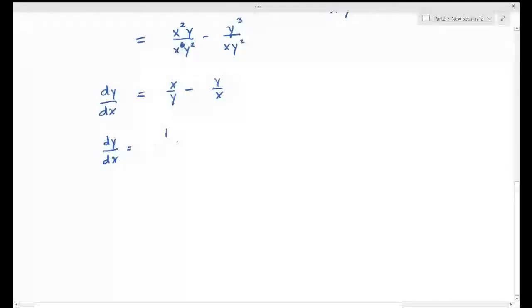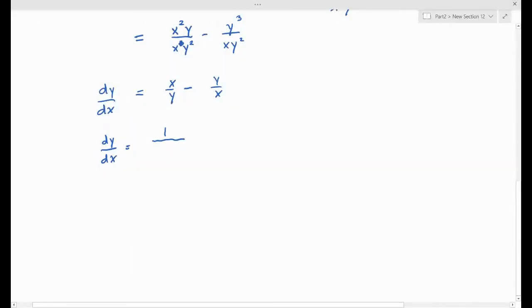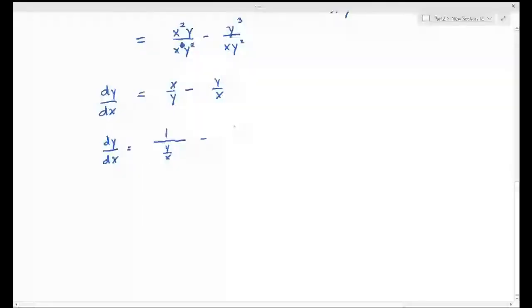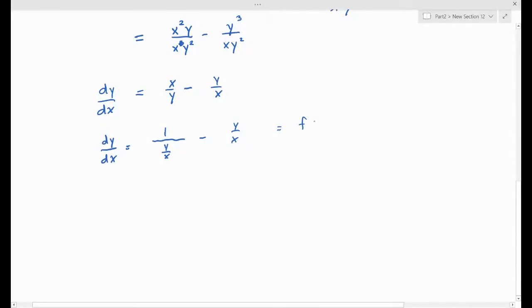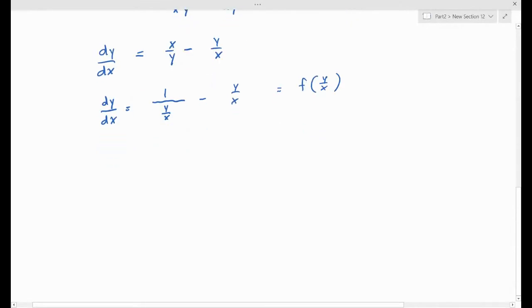So I'm going to think of the first term on the right as 1 divided by y over x. Okay, so the right-hand side is a function of y over x. So then we know that you're simply going to lump that ratio into a new thing called z.